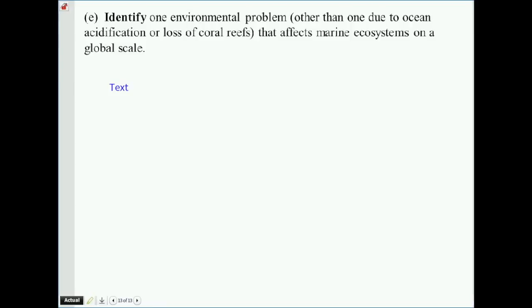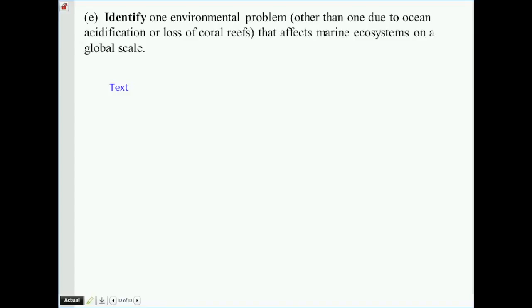So you could talk about overfishing, increased temperatures, invasive species, trash, plastic.